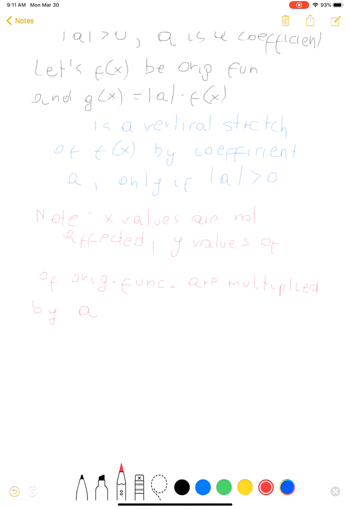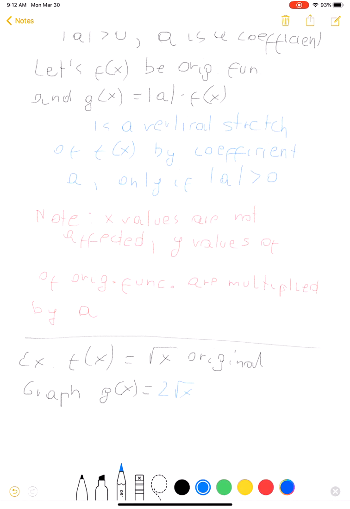Okay, so let's do the example. Let's go back to our example. We have f of x equals square root of x, the original, and now we need to graph g of x, which is equal to 2 times square root of x.